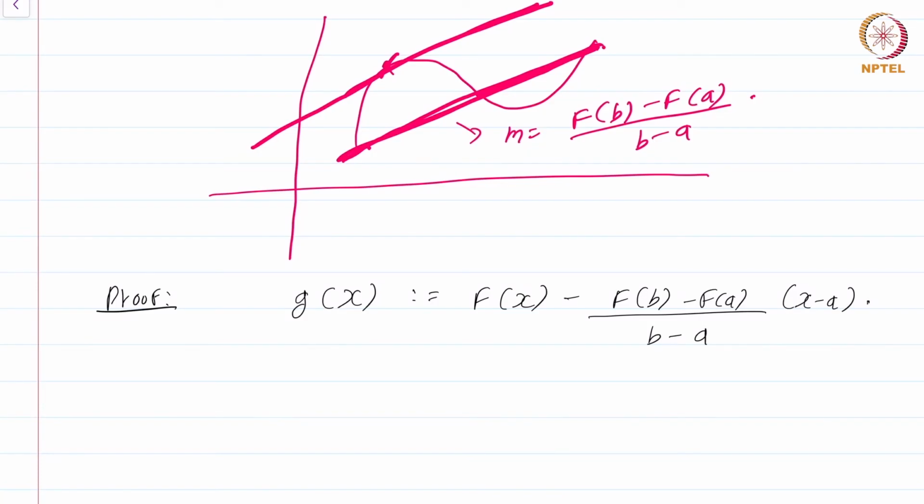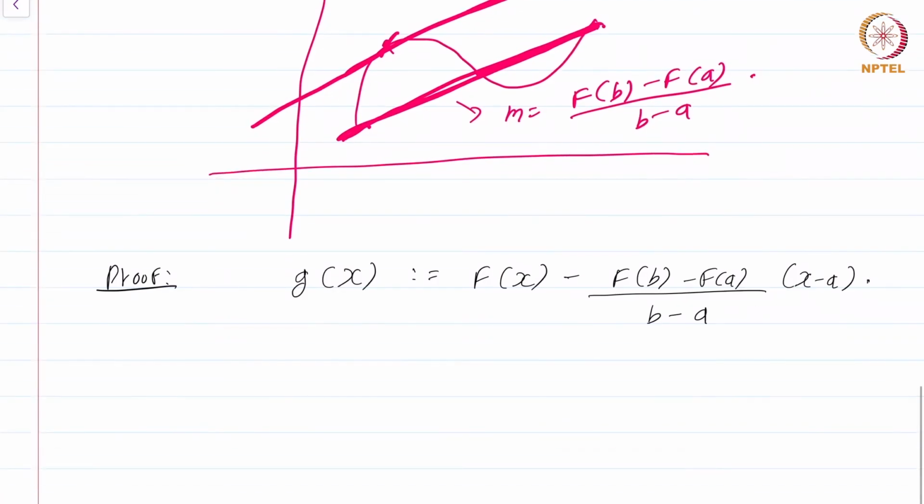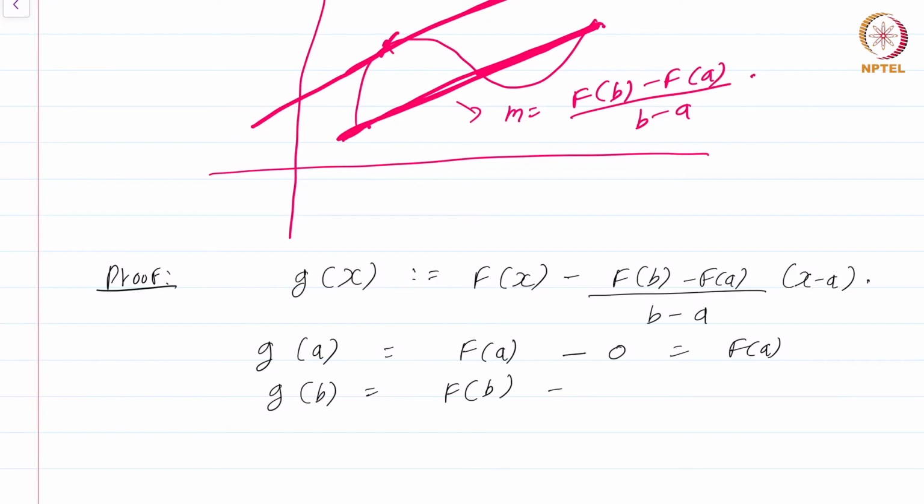Then g of a is going to be equal to f of a minus 0, which is f of a, and g of b is going to be equal to f of b minus f of b minus f of a. And this is equal to f of a again.